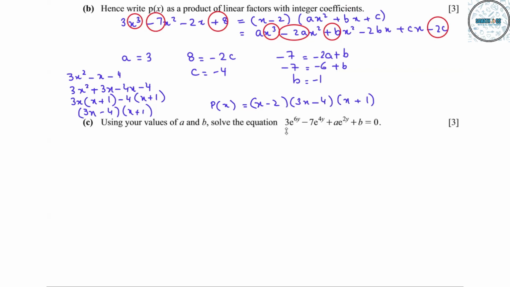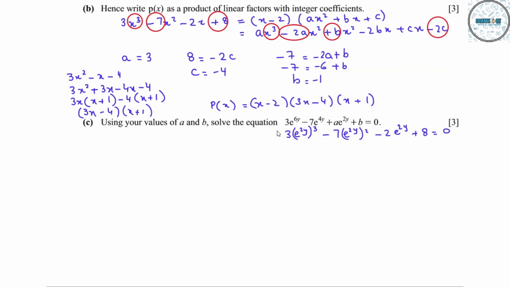So we have here 3 into e power 2y, with power 3 outside, minus 7 into e power 2y squared. We'll substitute the value of a, which was -2. So minus 2e power 2y plus 8 is equal to 0.